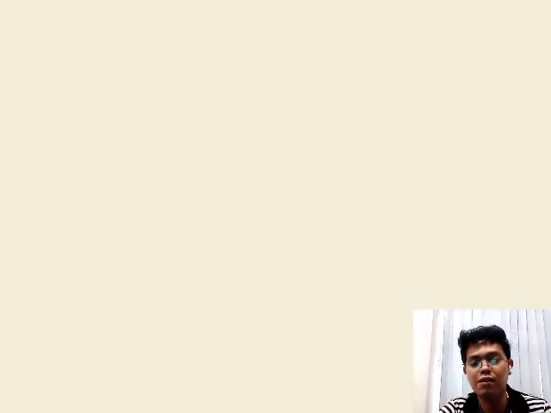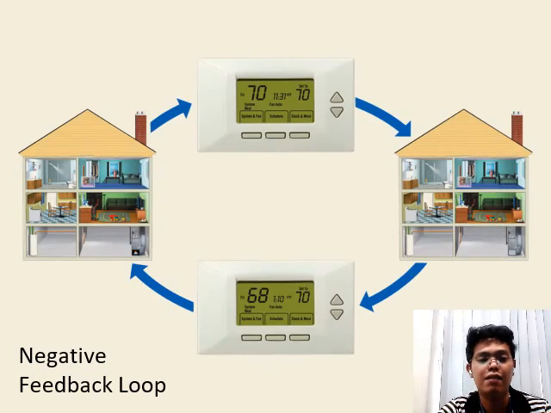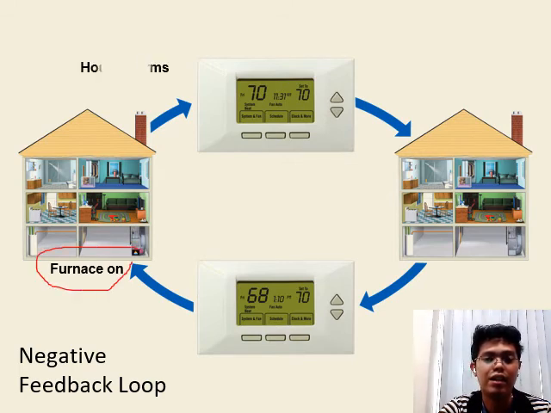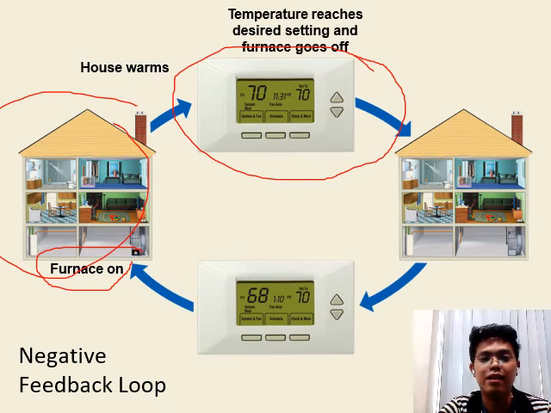Another example of a negative feedback loop is a heating system in your house. You turn on the furnace and the house warms. But you've inserted a process so that when the house reaches its desired setting, the furnace automatically turns off.